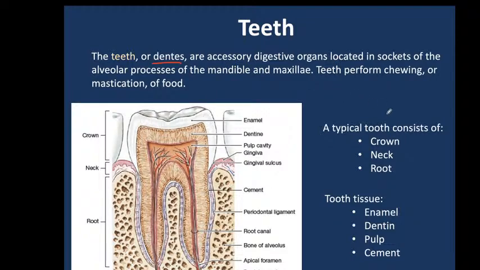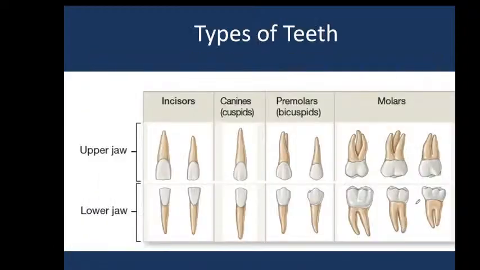They are accessory digestive organs, and they are located in the mandible or maxilla. They join to these bones, and of course these organs, teeth, perform chewing or mastication of food. These are two names: chewing and mastication in Latin.